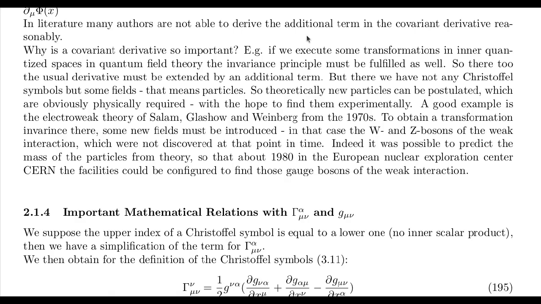Another famous example is the theory that predicted the W and Z bosons for the weak interaction. Later they were found at the European Nuclear Research Center, CERN. So the covariant derivative is very important in physics.